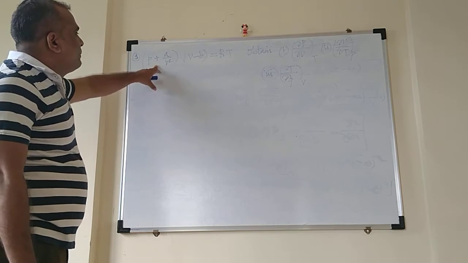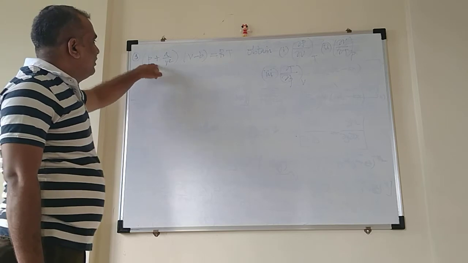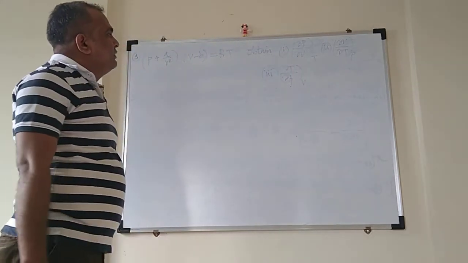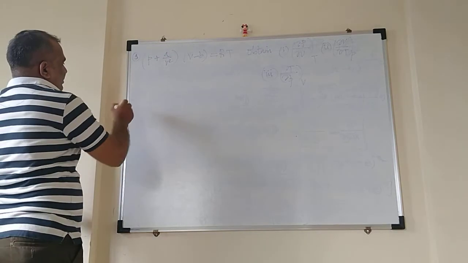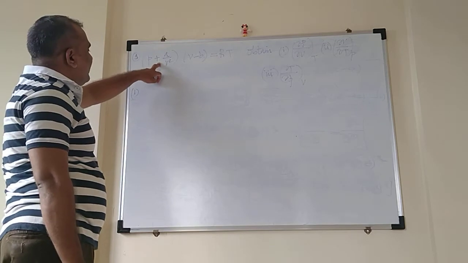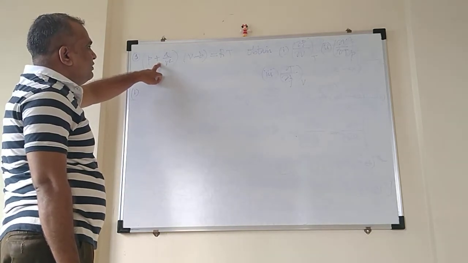So first of all, we have to think about writing this Van der Waals equation for P, for V and for T in order to differentiate this. So let's go for the first one. Let me write this Van der Waals equation for P in order to solve the first bit.